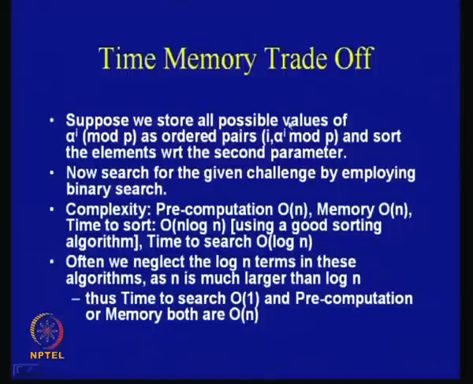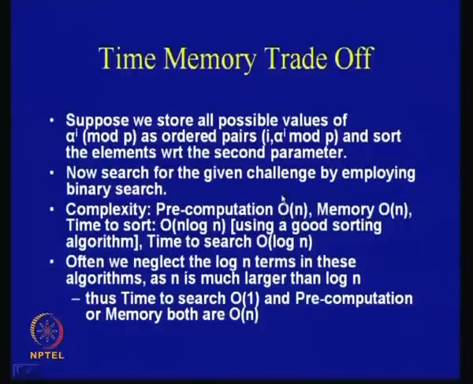So what we need to do is maybe engage an efficient sorting algorithm to sort this. So alpha power of i, we basically sort this ordered pair list based on the second argument. Next, we search for the given challenge by employing a binary search.